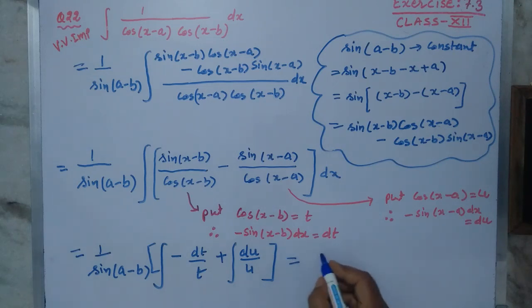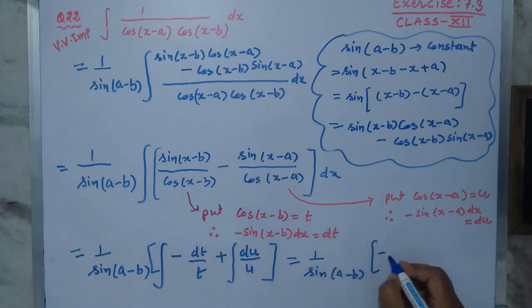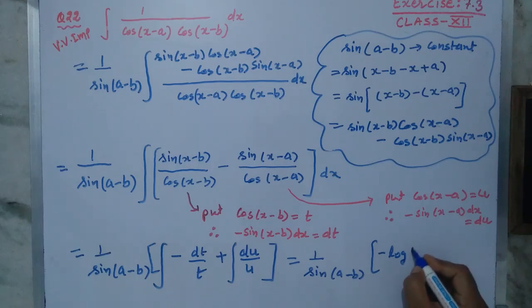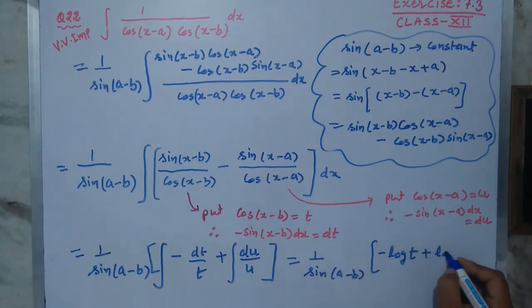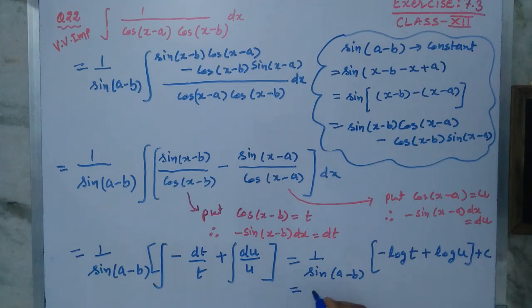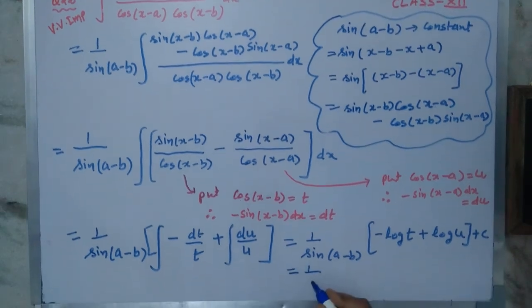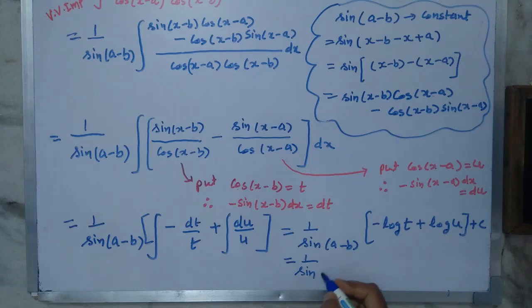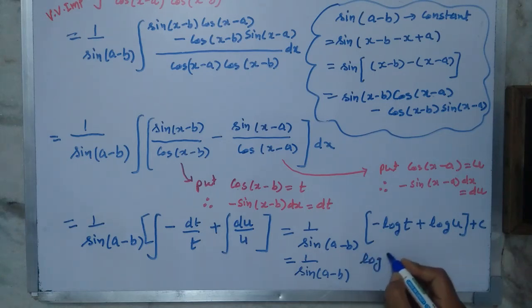So finally we have 1 upon sin(a minus b) into (minus log t plus log u) plus c. So we can write this now as 1 upon sin(a minus b) into log of u upon t, plus c.